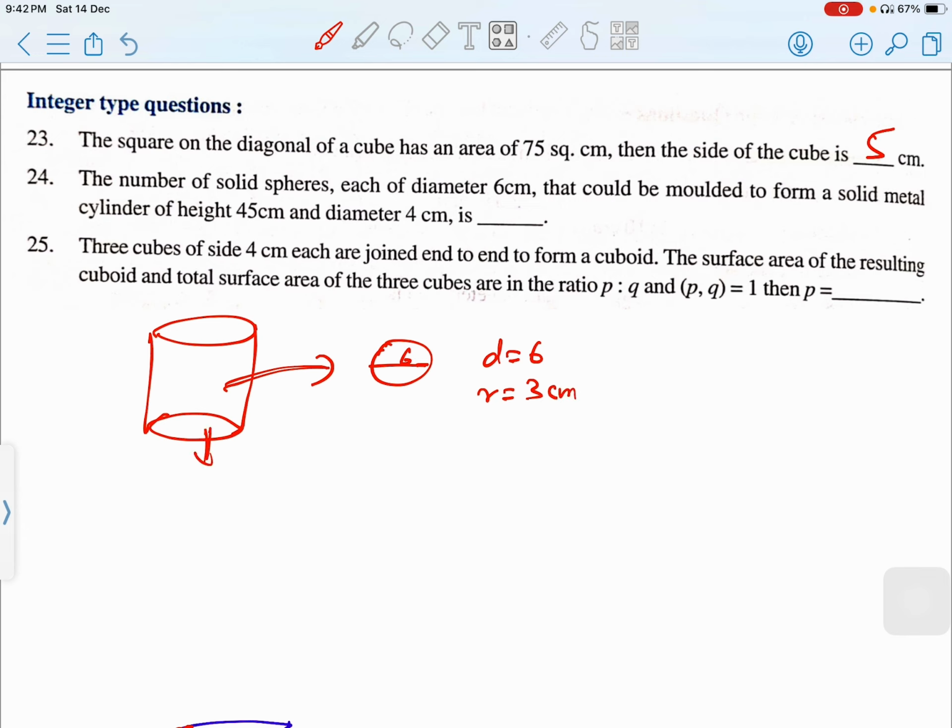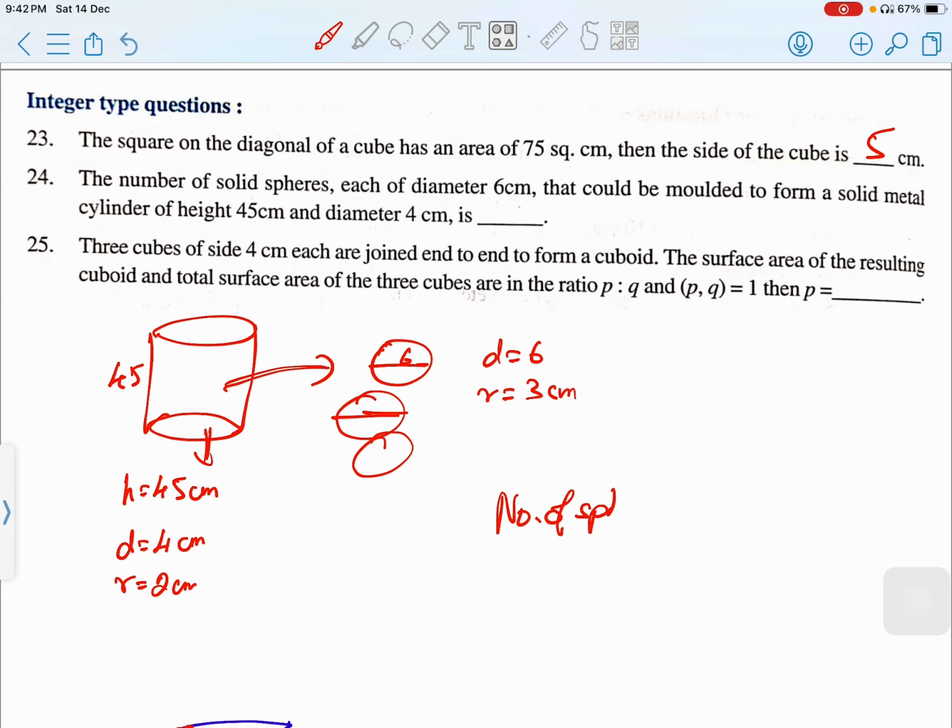This cylinder is having height h equals 45 centimeter, diameter 4 centimeter, means radius 2 centimeter. So how many such spheres can be made? Number of spheres will be volume of the cylinder by volume of sphere.